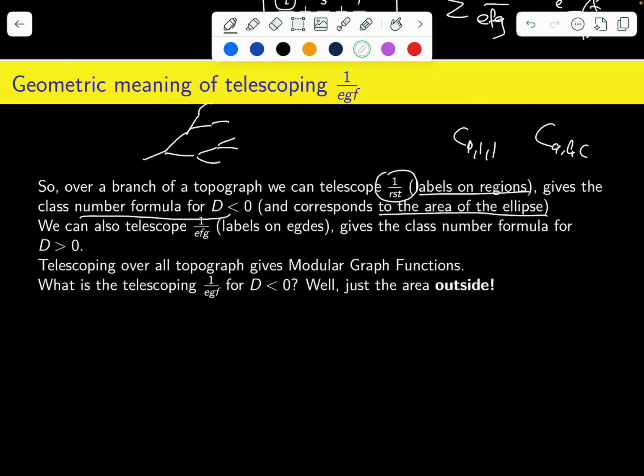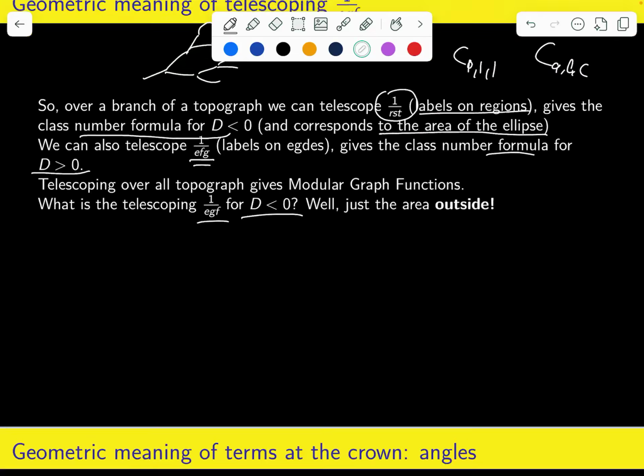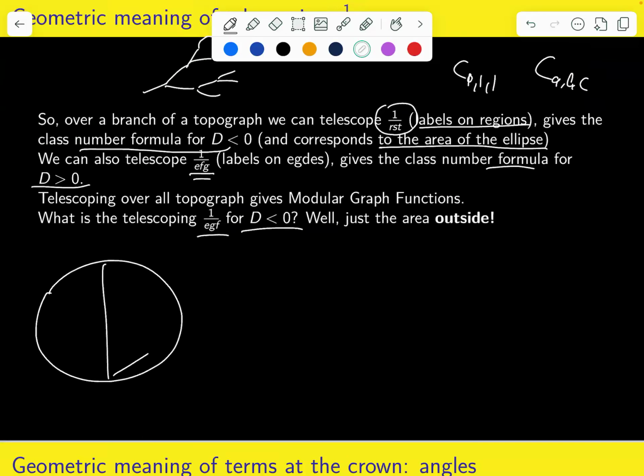When we telescope 1 divided by EFG labels on edges, as we saw the previous time, that gives a class number formula for positive discriminant. And then you can ask, okay, what happens if I telescope 1 over EFG for negative discriminant? Actually, it will be just the area outside. So when you compute the sum of 1 divided by RST, it will be this area for the circle.